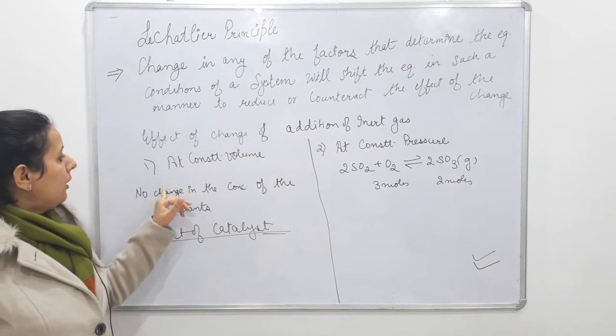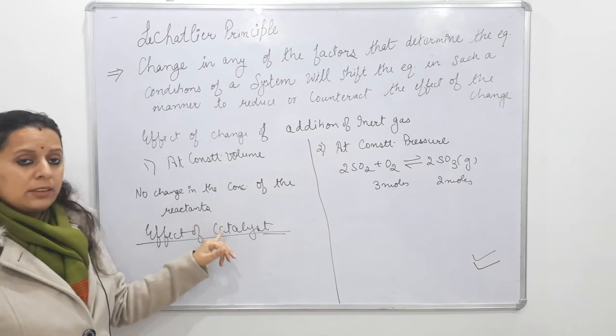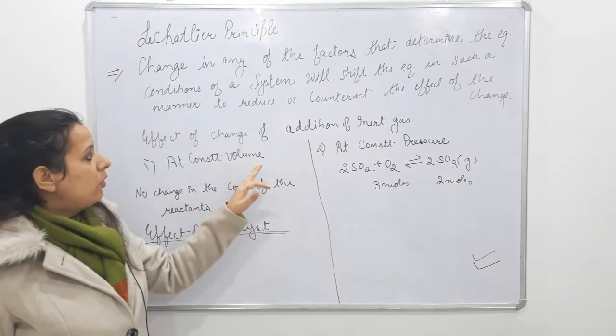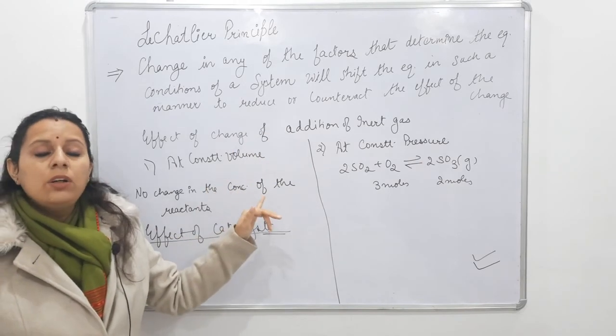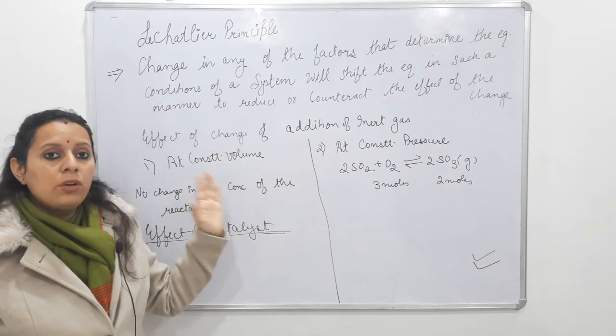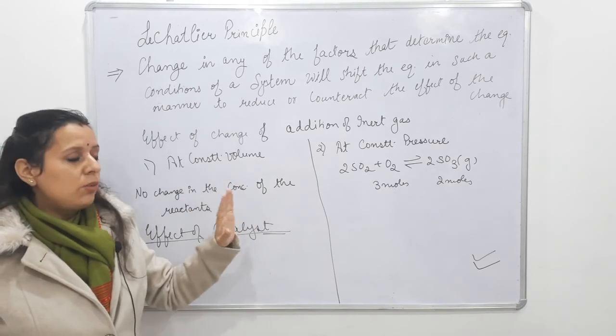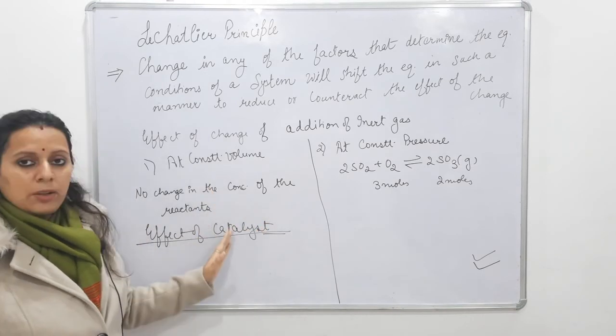So at constant volume, there will be no change in the concentration of the reactants. That's why if you are adding inert gas at constant volume, there will be no effect and no disturbance of the equilibrium. This is a very important point.